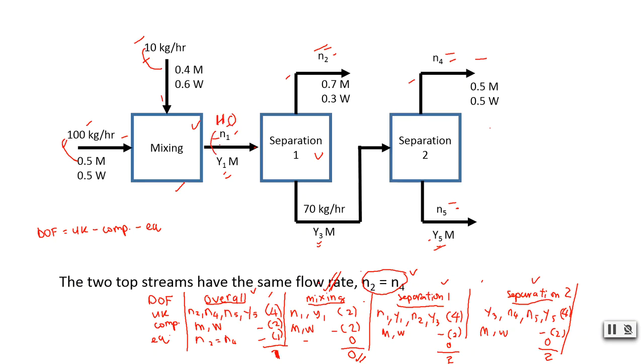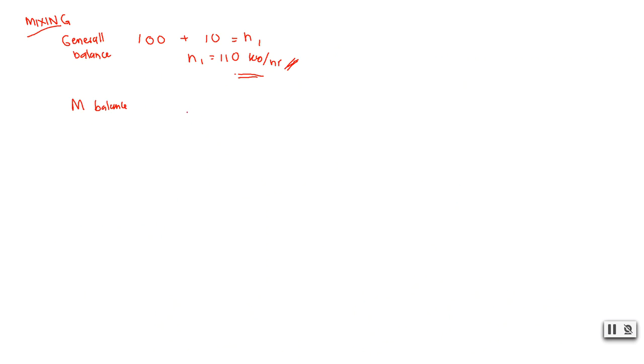So 0.5 times 100 plus 0.4 times 10 equals 110 times Y1.